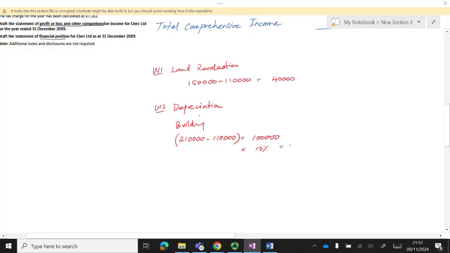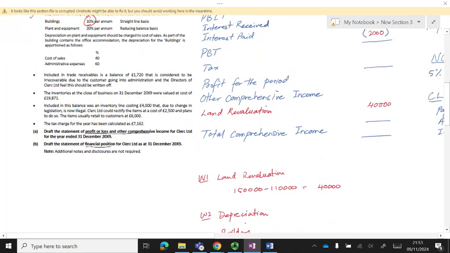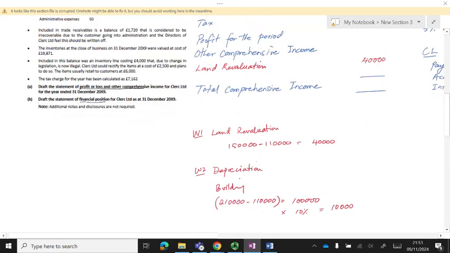That will be £10,000. On plant and equipment, it says 20% reducing balance method.